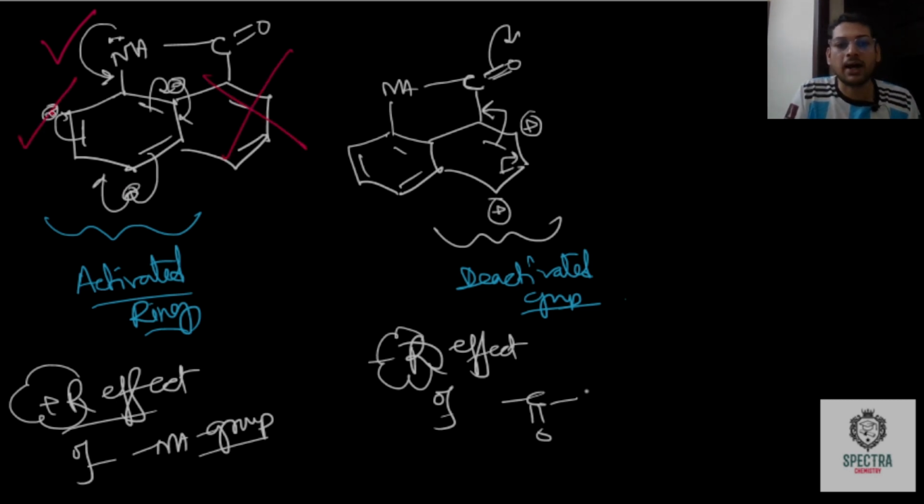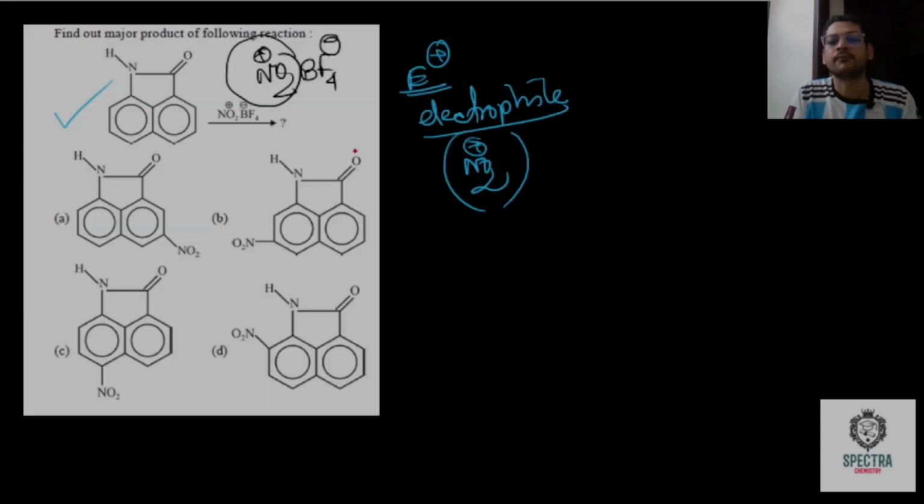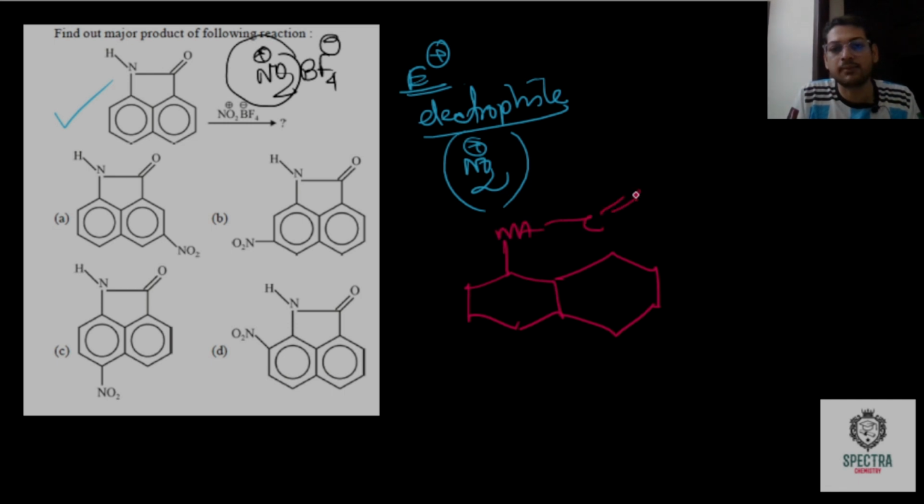and I'll take the ortho or the para positions. But sir, in the ortho position there will be some repulsion. Always para is the major product. So if that is the case, what will be your answer? The molecule is like this: NH, then C double bond O, and you react this with NO2 plus BF4 minus.